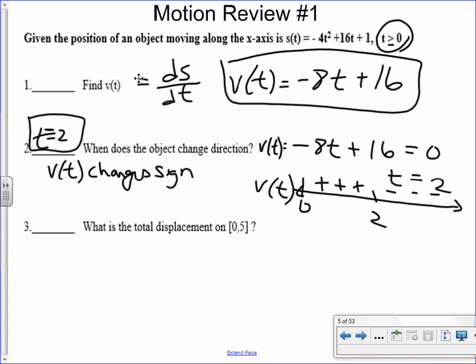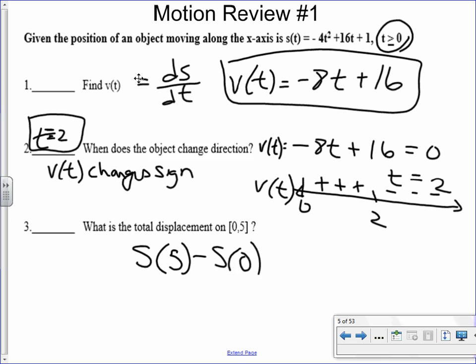What's the total displacement? When you're asked for total displacement, you have to know that all that is final position minus starting position. You don't divide by anything. It's just its position at time 5 minus its position at time 0. When you plug 5 into your position, negative 4 times 5 squared, that would be negative 100, plus 16 times 5 plus 80, that would be negative 20, plus 1 would be negative 19.